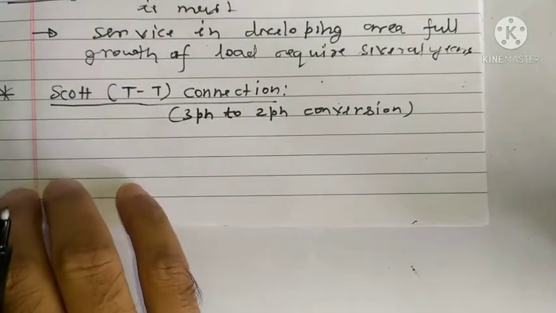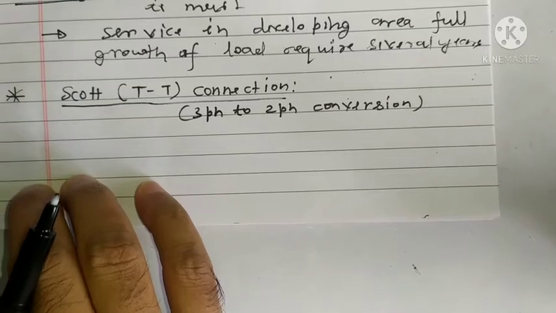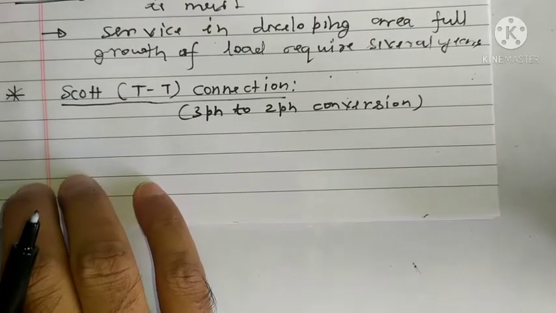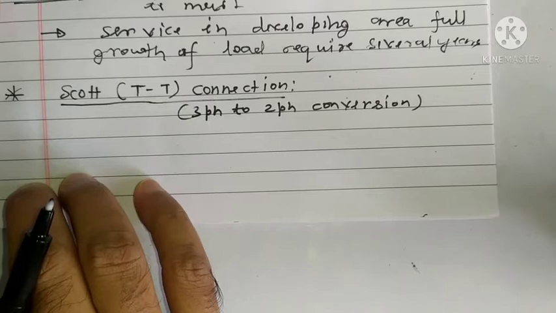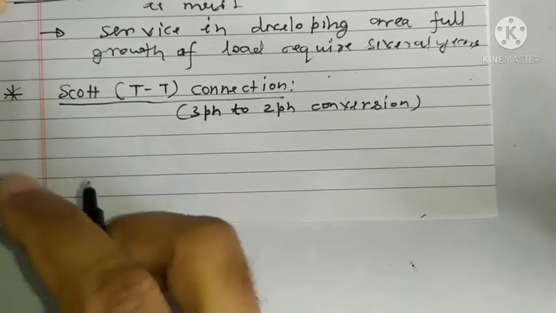Let us see another connection, that is Scott connection, also known as TT connection, and this is nothing but a conversion of three-phase supply into two-phase supply.